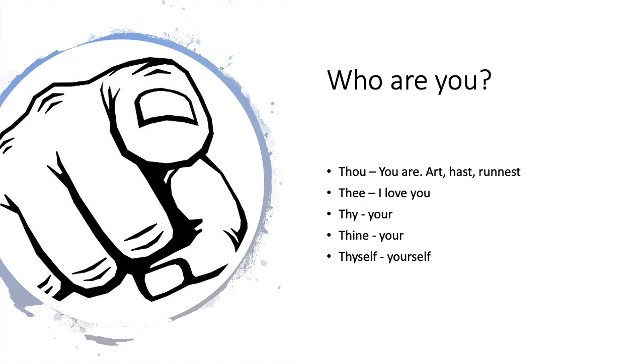Thine is another version of your, and that's usually used if the word that follows begins with a vowel. So if it needs to have an N sound to make it sound right. So you might say thine ears. So lend me thine ears, rather than thy ears, it sounds better to say thine. And then finally, thyself is yourself. So if you see any of these 5 words in Shakespeare, they are all versions of you or your.